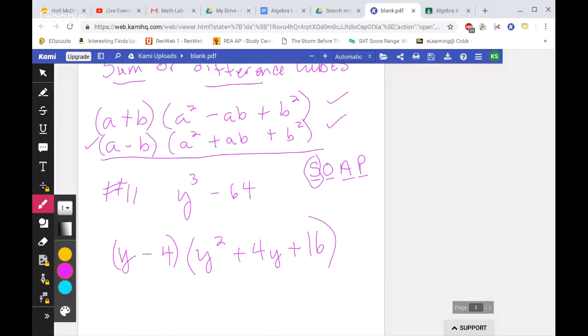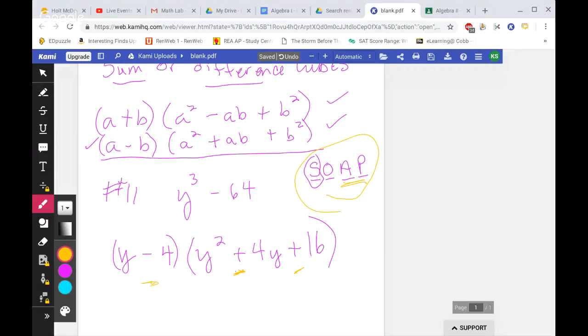The cube root of y cubed is y, and the cube root of 64 is 4. And in the second one, you've got y squared, and then you work on opposite. It's going to be the opposite sign of the first one. And the last sign is always positive. So it's same in the first, opposite is the first sign in the second factor, and always positive is the last sign.